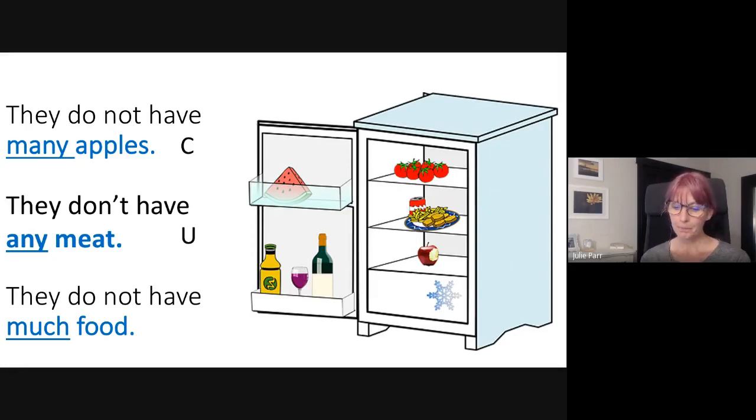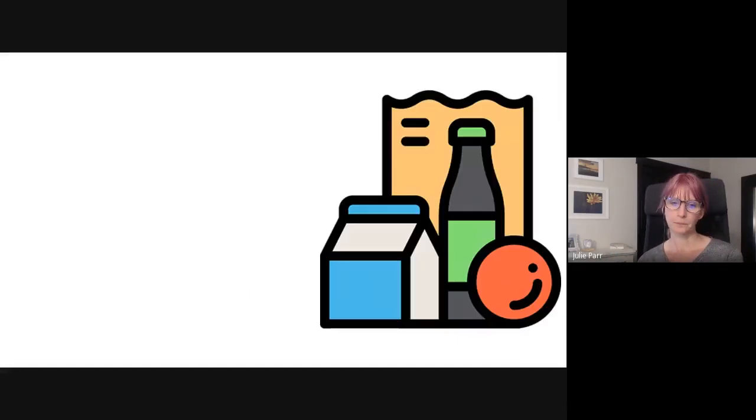Food is uncountable. Negative, uncountable. I can use the word much. Okay, there is a little food. There's some food, but they do not have much food. Look at the picture.